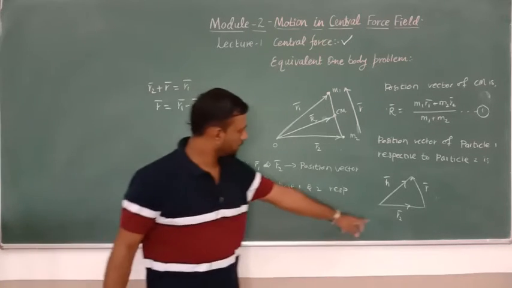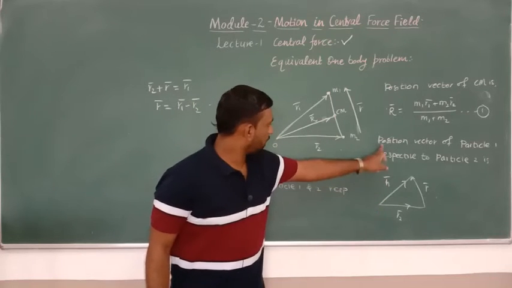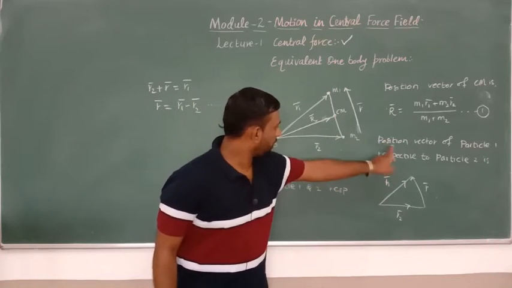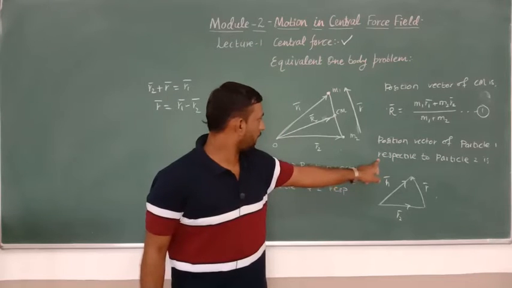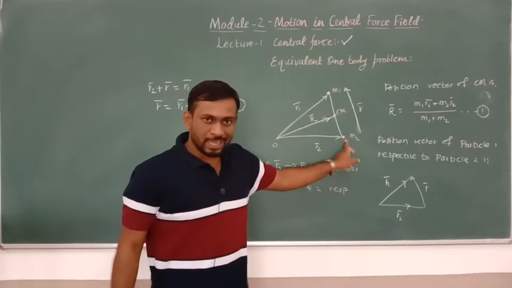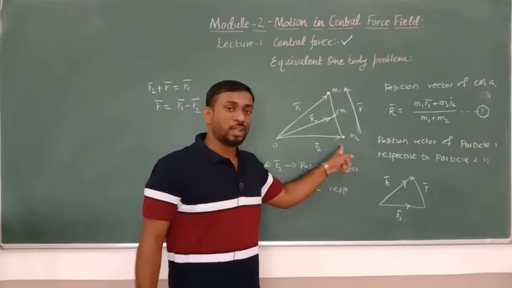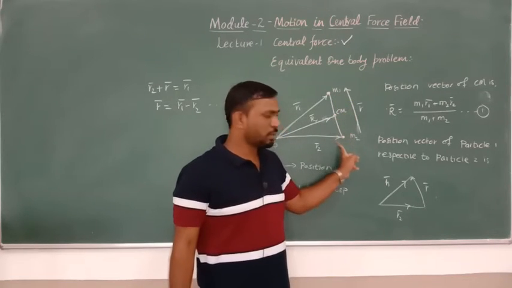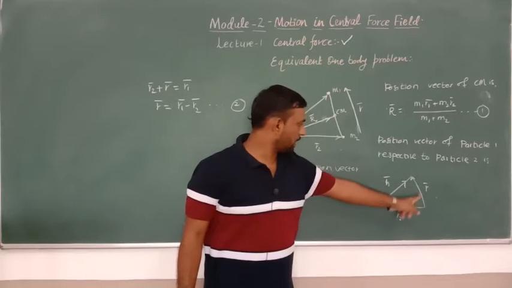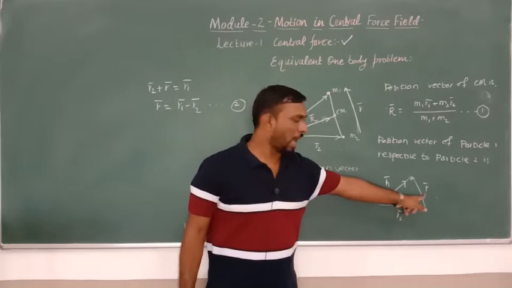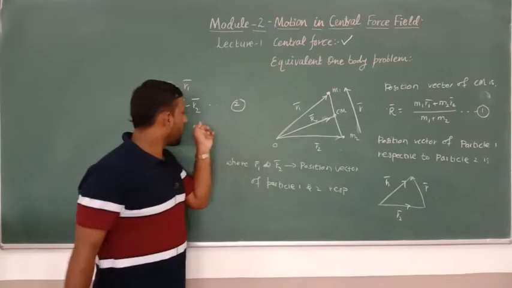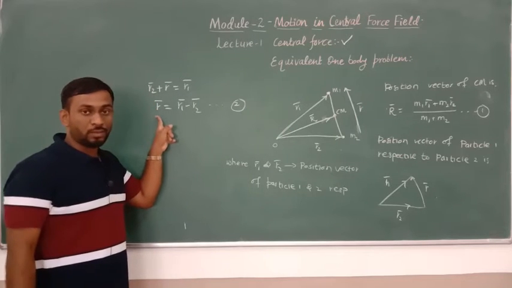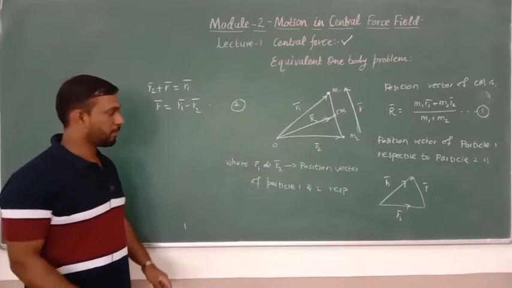So remember this, how we can write this r, the position vector of particle first with respect to second, considering m2 as the origin. By assigning the directions of r1, r2 and r, we can easily calculate the r value by basic vector calculus.